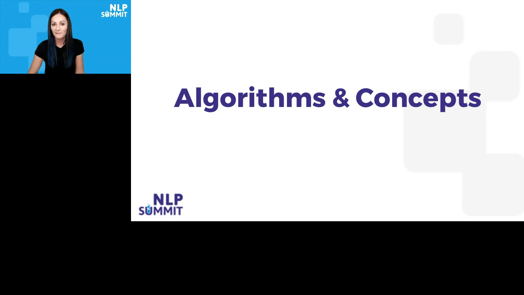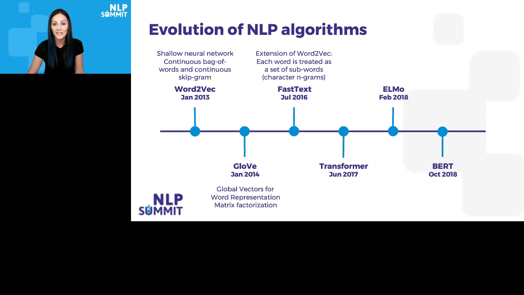If we look back at the evolution of NLP algorithms, we see that a lot of them really emerged in the last couple of years. In January 2013, Word2Vec got introduced, and Word2Vec is still very popular nowadays. It's a shallow neural network, and it's also known for the continuous bag of words and the continuous skip-gram concepts.